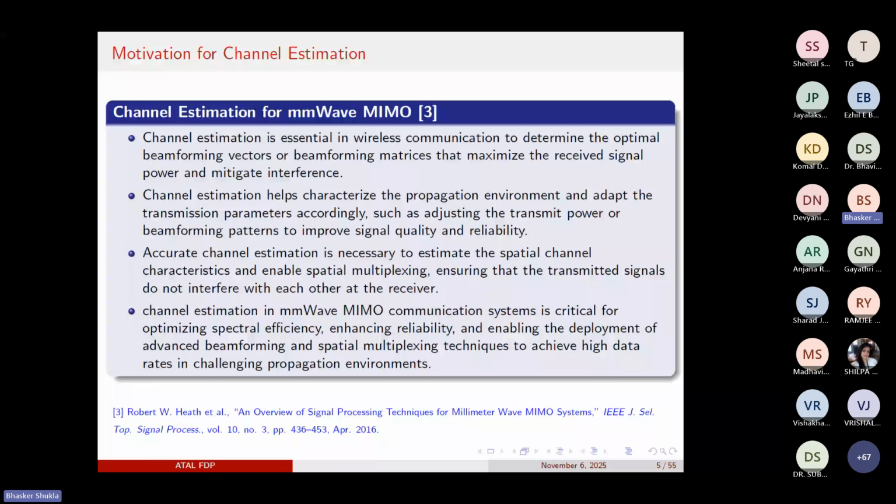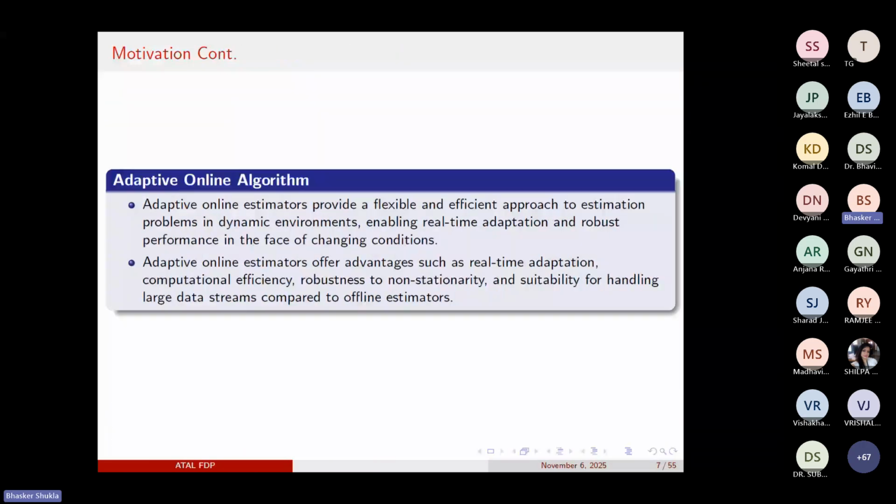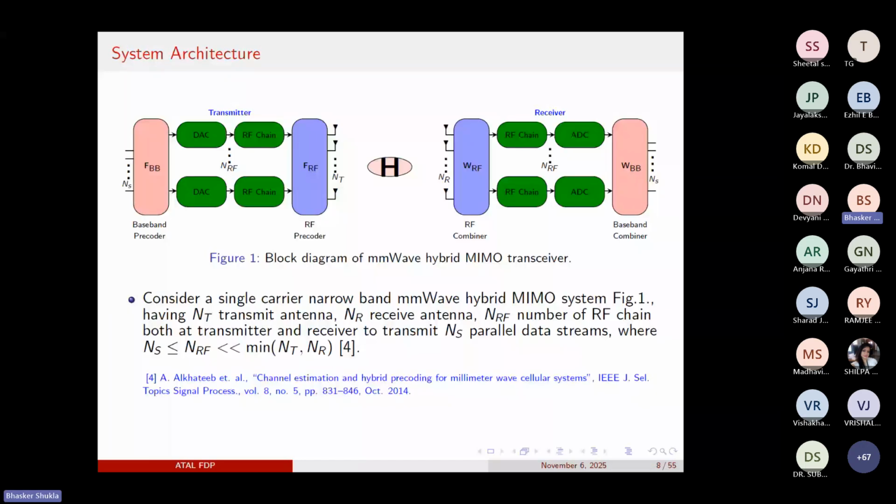So here, millimeter wave MIMO: first of all, the critical term is hybrid MIMO, and as we know, millimeter wave is a spectrum corresponding to 30 gigahertz to 300 gigahertz, and this is the system model for millimeter wave hybrid MIMO.